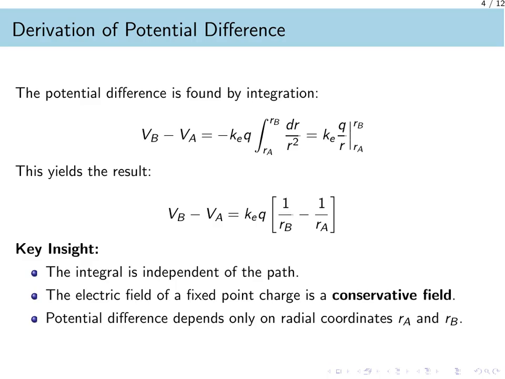A key insight here is that this integral is entirely independent of the path taken between the 2 points. This tells us that the electric field of a fixed point charge is a conservative field. The potential difference depends only on the initial and final radial coordinates.